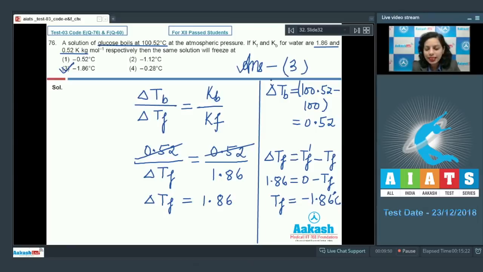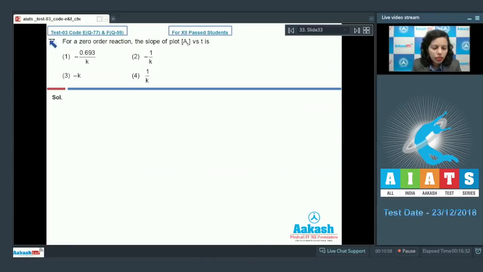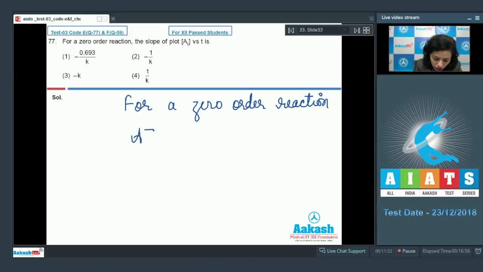Now, after this, it is the turn for the next question. Question number 77. For a zero order reaction, the slope of the plot At versus t, where At is the concentration at time t, we have to plot here. We know that for a particular zero order reaction, At is equal to the initial concentration minus kt.